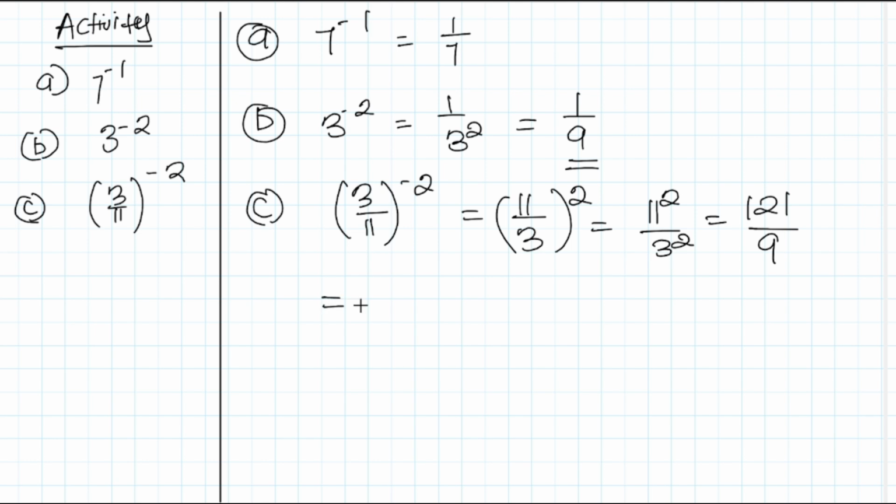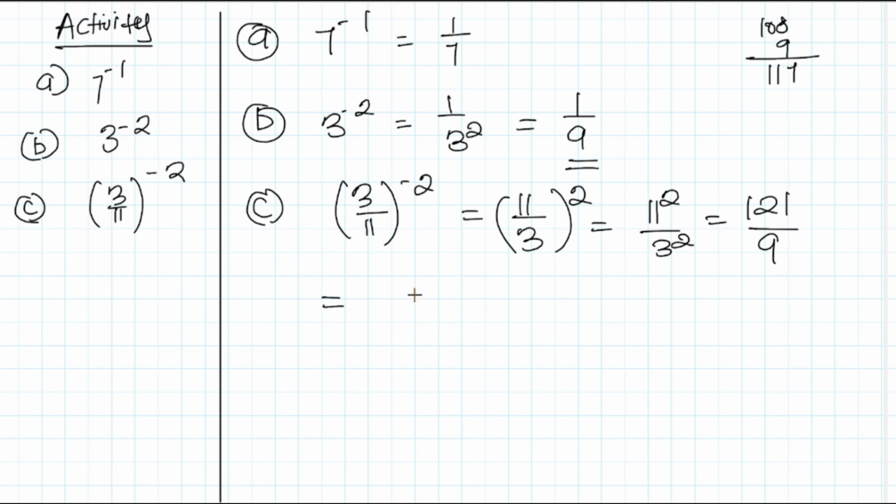And then you can't leave it like that. The numerator is bigger than the denominator. So 9 times 9 is 81, right? 9 times 10 is 90. 9 times 11, 99. 9 times 12, 108. 9 times 13, 108 plus 9, that will be 117.